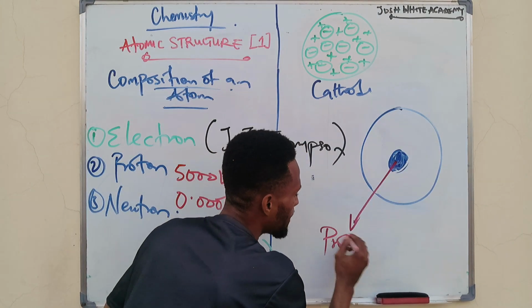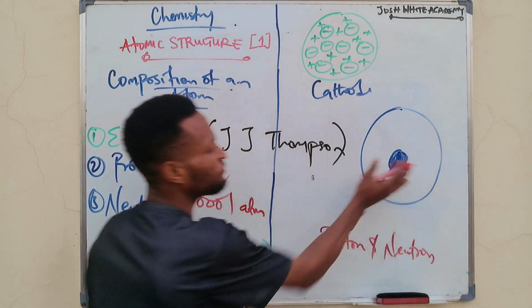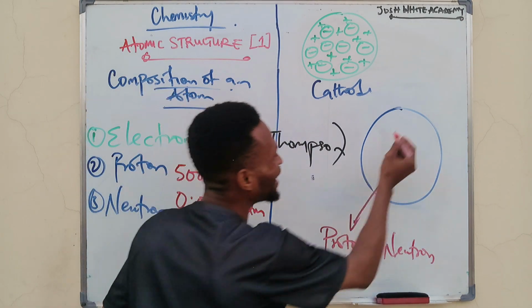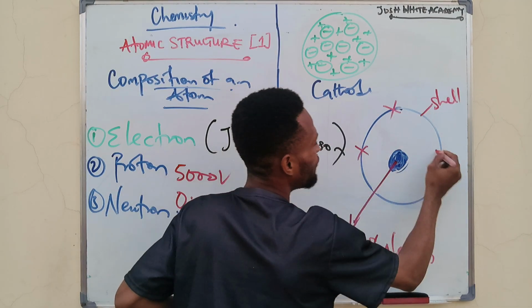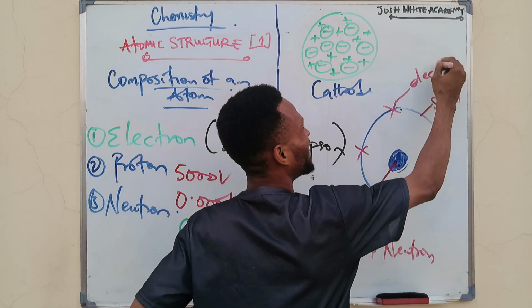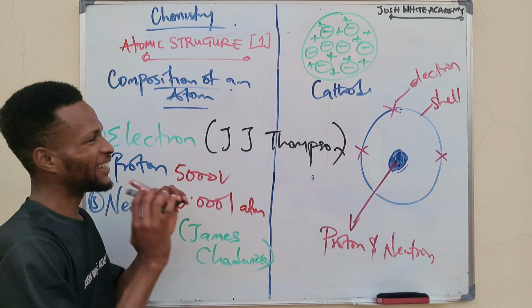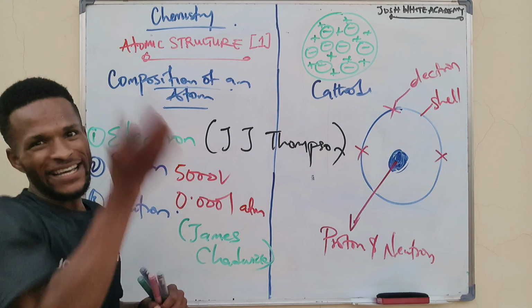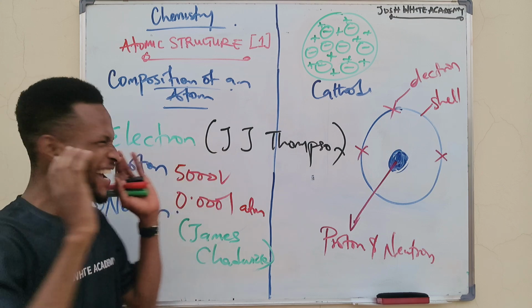The proton and neutron are both found in the nucleus, whereas this is the shell. The electrons are found revolving round the nucleus in the orbit, which is at a particular energy level.